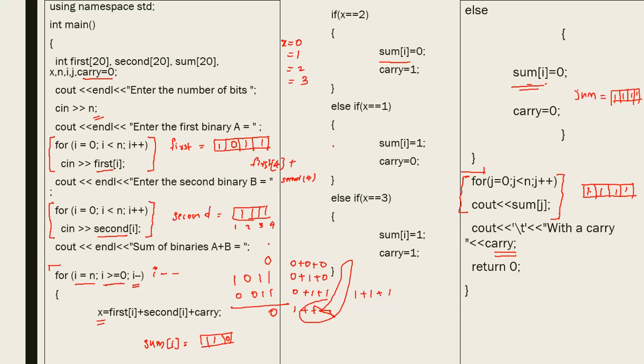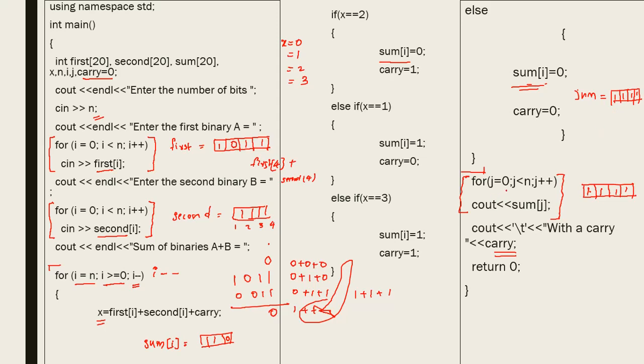Now here after addition we have saved all these answers into an array named sum, and now the compiler knows what is in the sum array, but we have to get it as an output on our screen. So to get an output on our screen, similarly we use a for loop, and using a for loop the first number will be j equal to 0, and we cout sum[j], that is sum[0]. Sum[0] will be the first number here, so the first number will be printed.